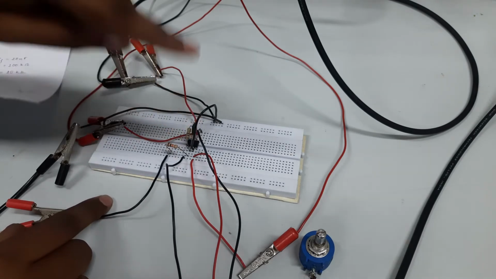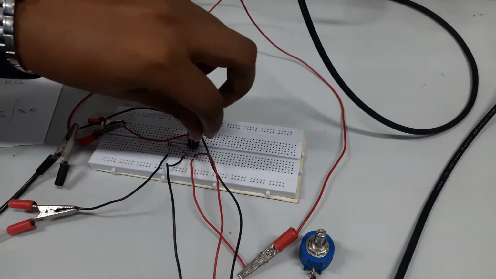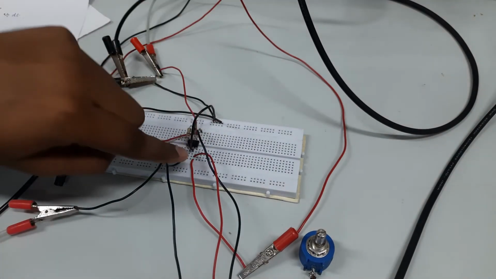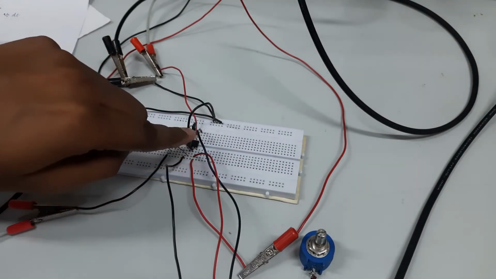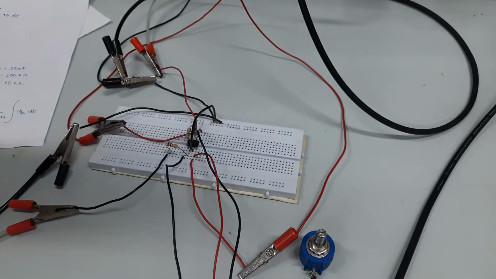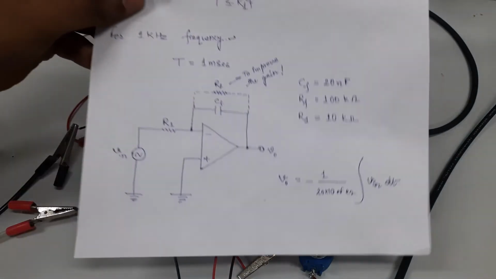And pin number 3, the non-inverting pin, is grounded. So the circuit is very simple, and it is connected now.